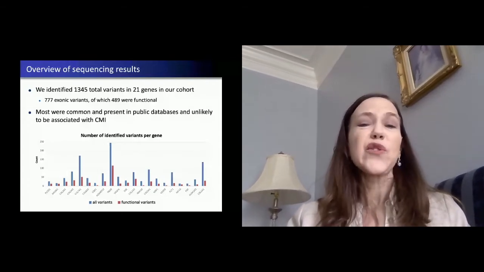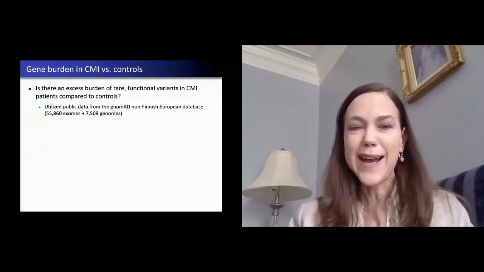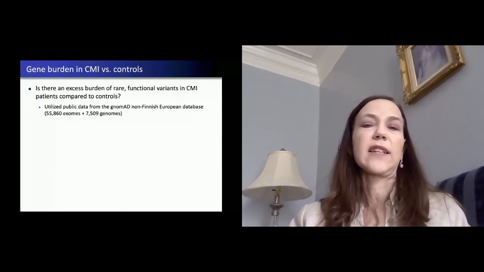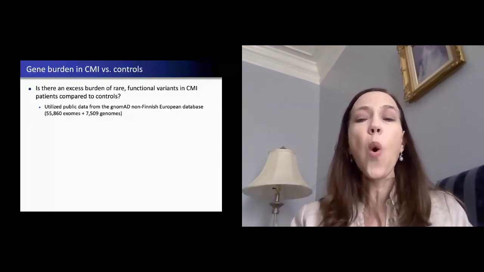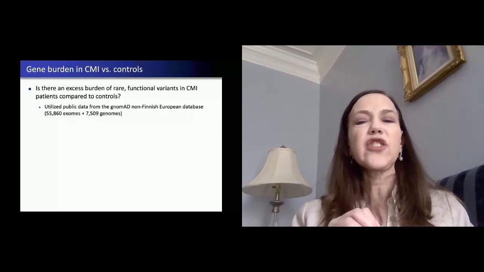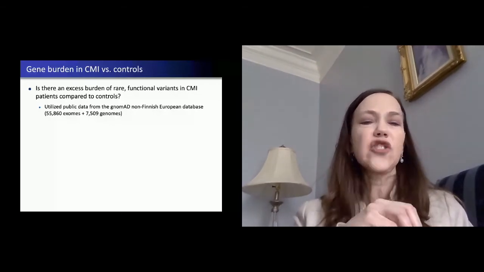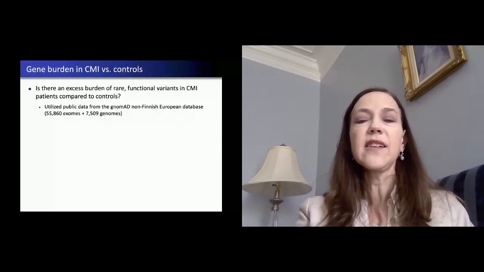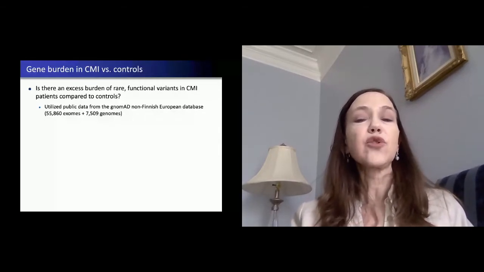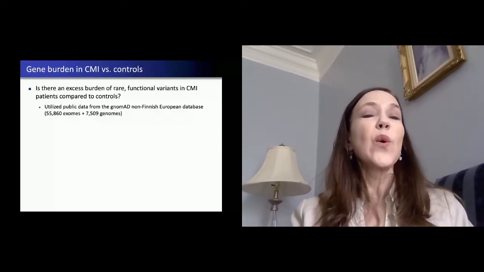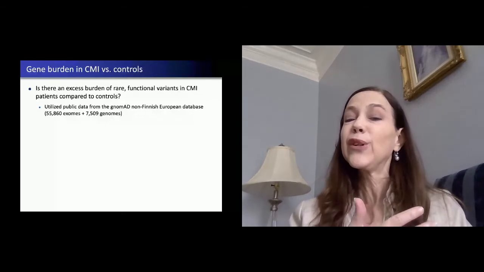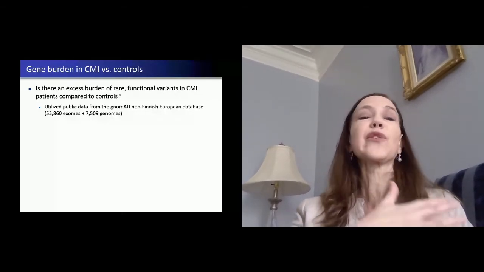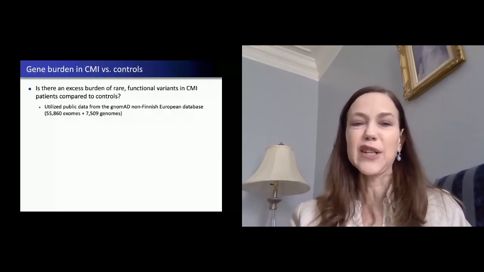All right, so now getting to our actual research question. The first question was, do we see more rare functional variants in these genes among Chiari patients versus controls? And while we only had about 200 Chiari patients, we had over 60,000 controls.